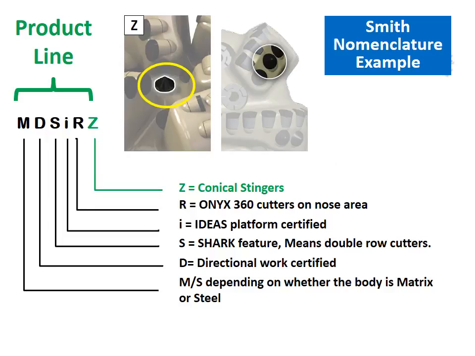When we see the Z letter in that product line section, it means that some conical stingers are present either in the center of the bit or as a backup row in the nose position.